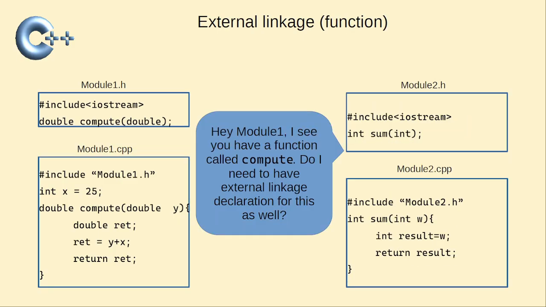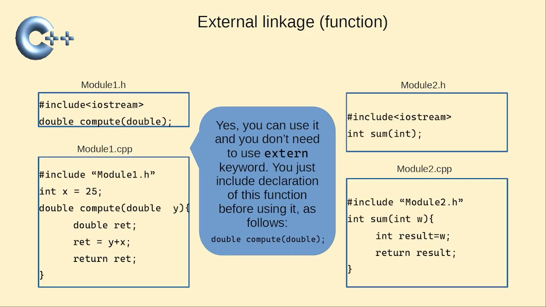Let us talk a bit about accessing functions across translation units through external linkage. In this case, module 2 wants to use the compute function from module 1 and says, hey module 1, I see you have a function called compute. Do I need to have an external linkage declaration for this as well? Module 1 replies, yes, you can use it and you don't need to use the extern keyword.